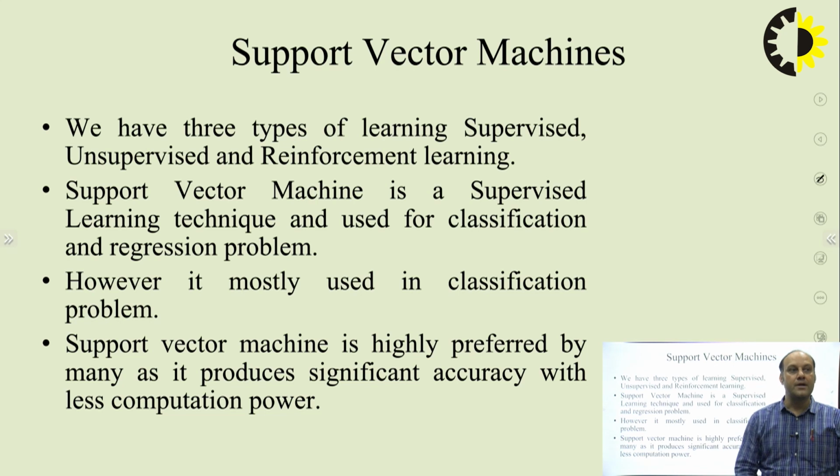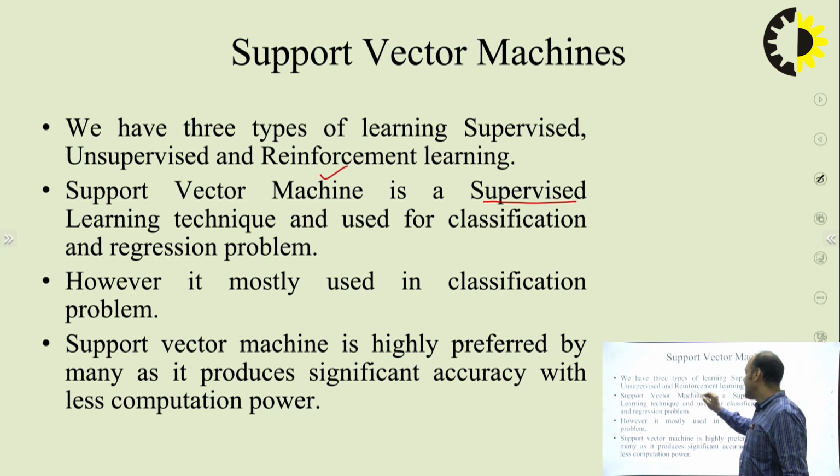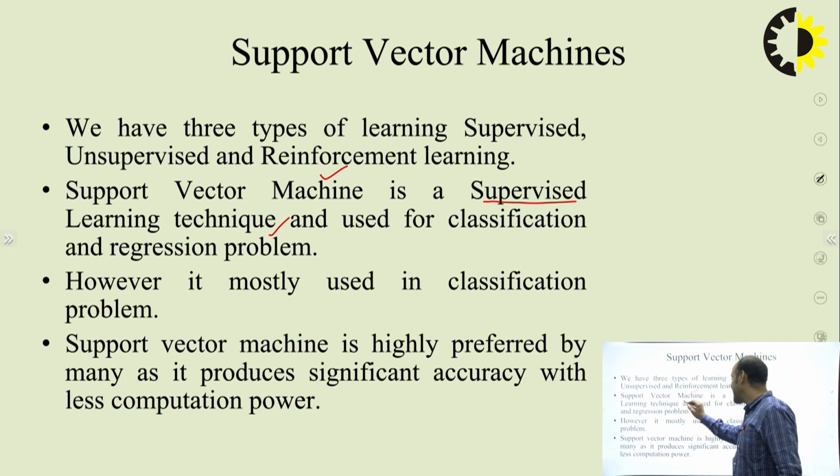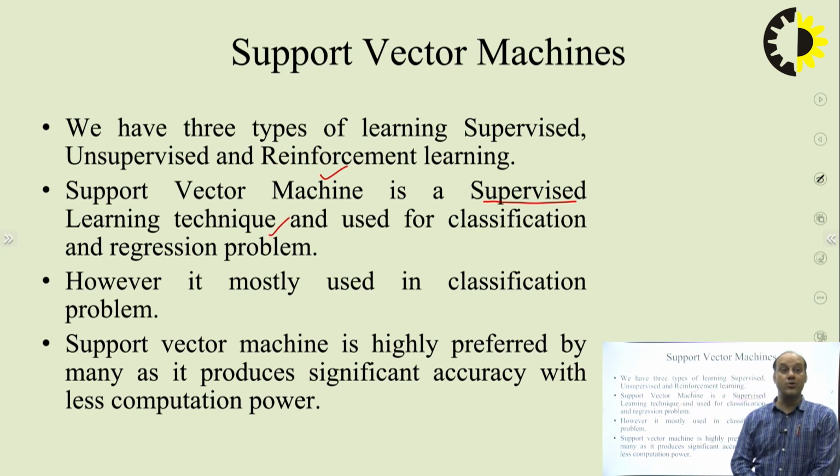What is SVM? Under supervised learning, this SVM comes, support vector machine. Supervised learning is a machine learning technique, and support vector machine is a supervised learning technique, and basically it is used for classification and regression problems, where we need to classify the two classes.